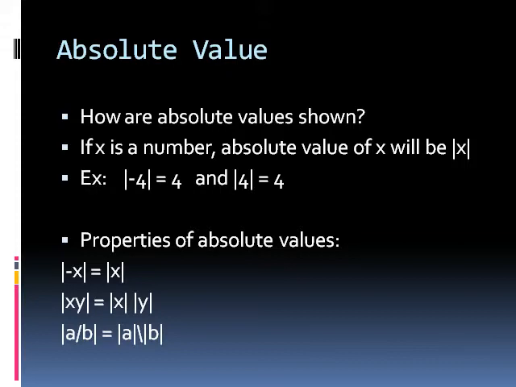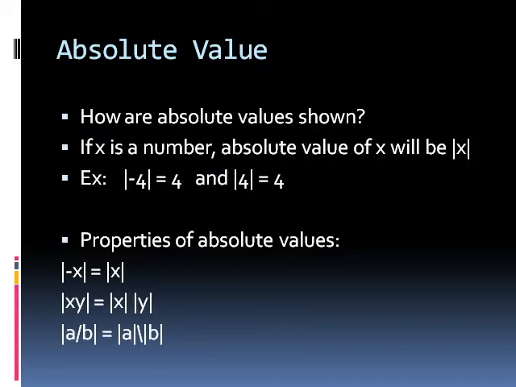Some of the properties of absolute values are that the absolute value of a negative number is the absolute value of the positive number, given that the value is the same. Another thing is the absolute value of a product, such as x times y, is equivalent to the absolute value of x times the absolute value of y.